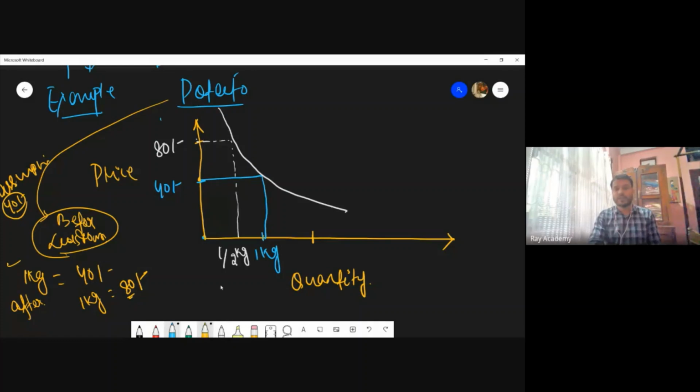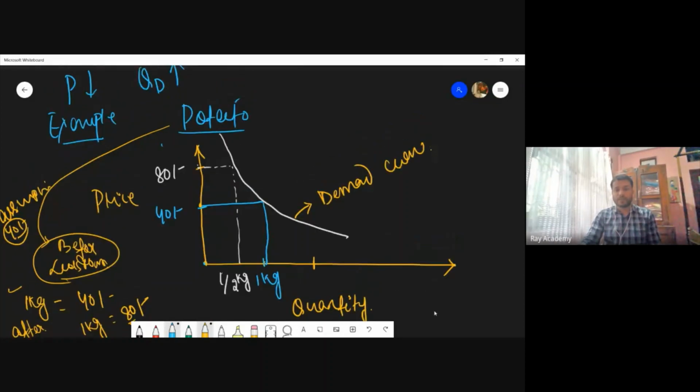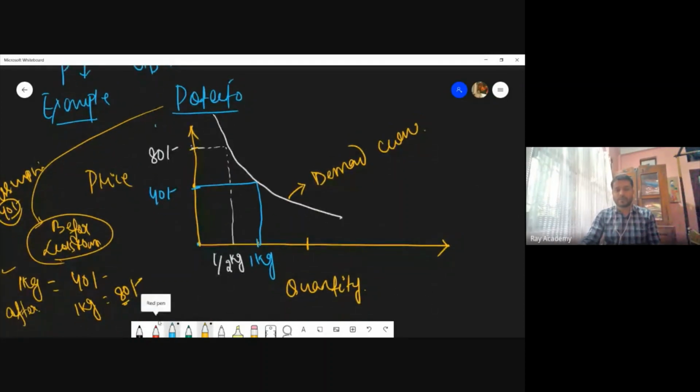this is called the demand curve. Try to understand, very important. So what is law of demand? We have understood that when price goes up, quantity demanded goes down. When the price of potato goes up from 40 to 80, what happened to the quantity demanded?